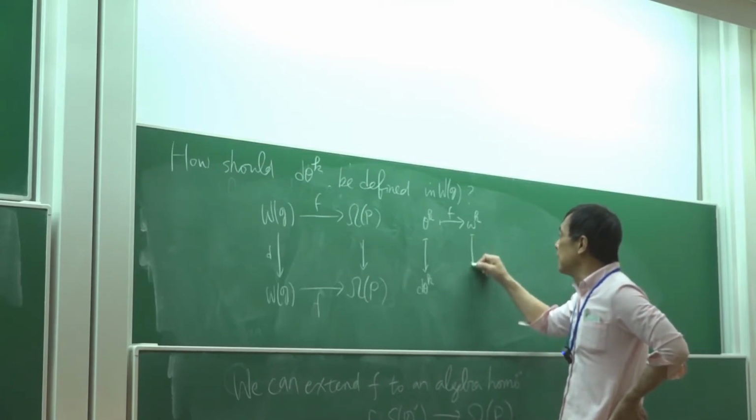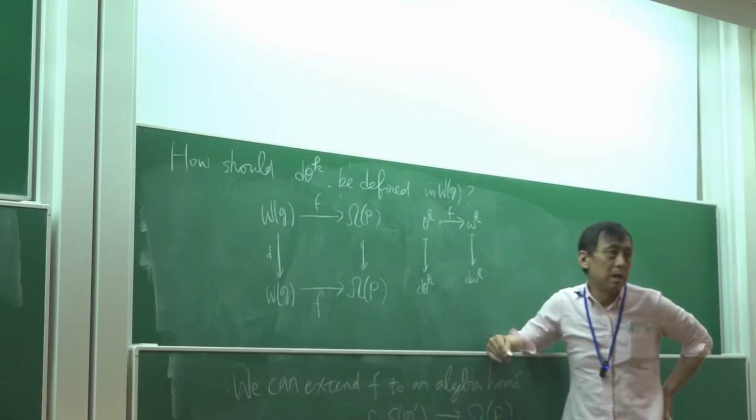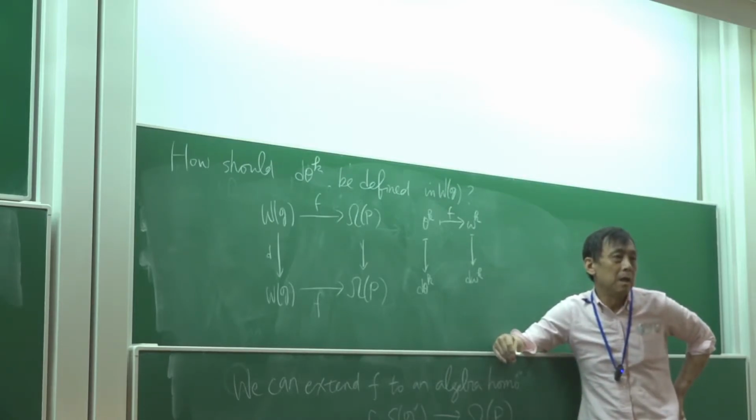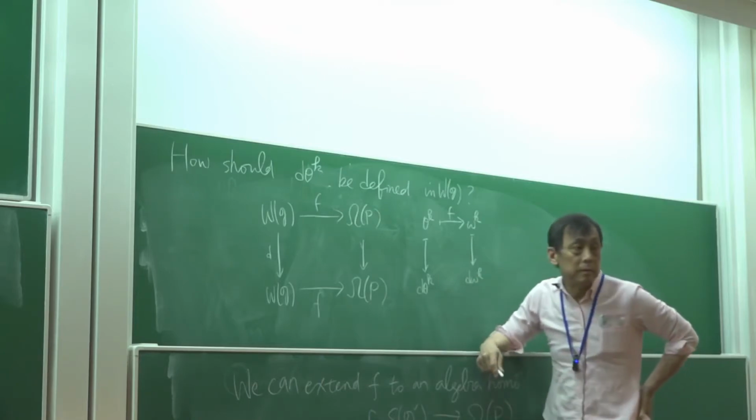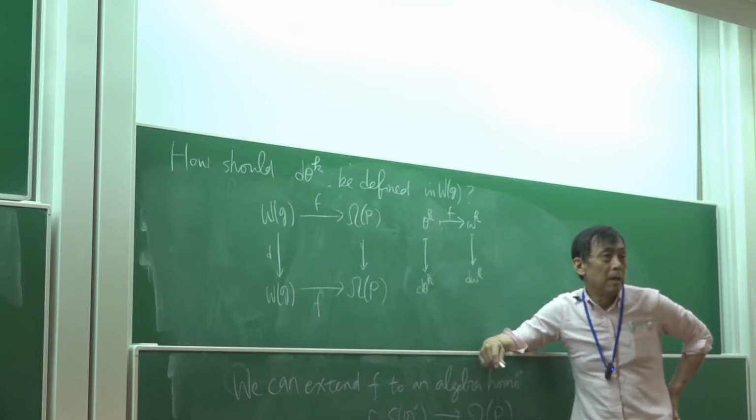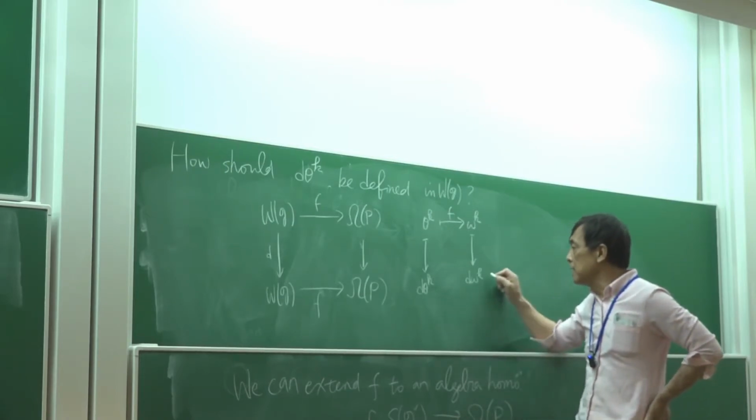And then omega k maps to d omega k. And so d theta k has to go to this. But what is d omega k?